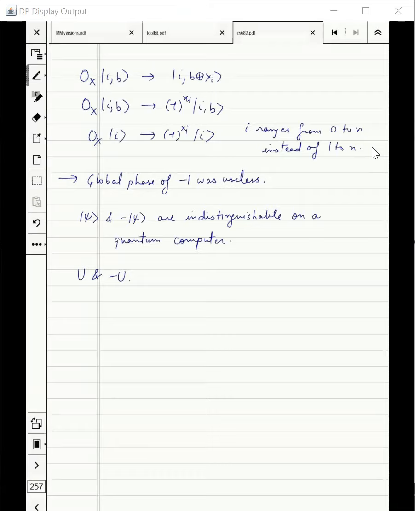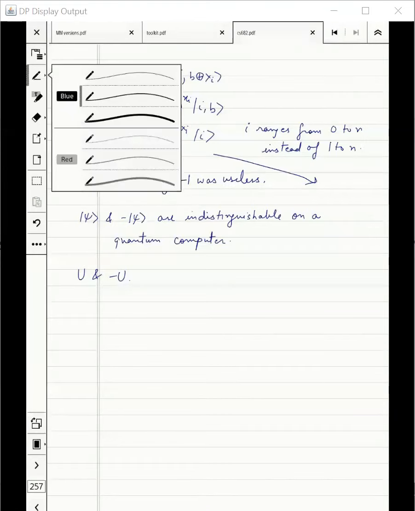No answers? Sir, I actually did not understand this I ranging from 0 to 1 instead of 1 to n. The point was that if I ranged from just 1 to n, then the action of O of X and the action of O of minus X would be exactly the same.